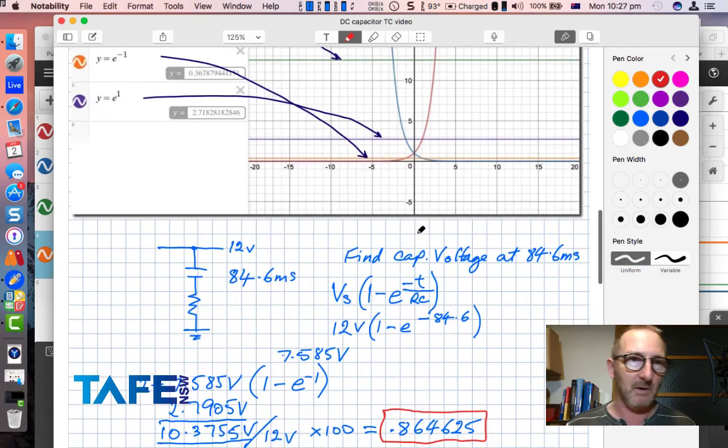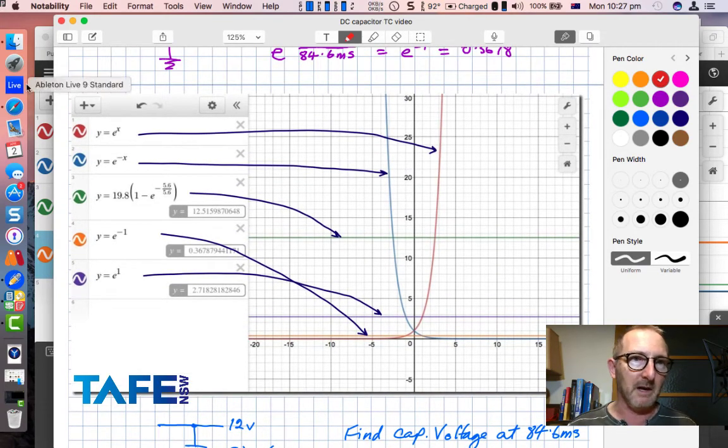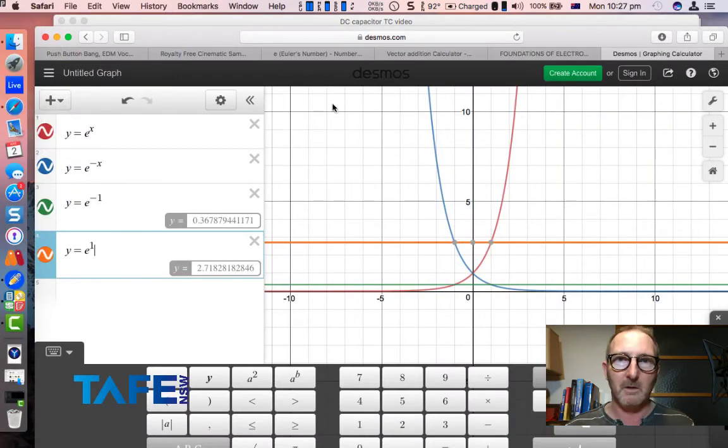Okay. Now, I talked about this other software before, and I'll bring that up. Here it is here, Desmos.com. And this is quite interesting software. I've plotted y equals e to the x, which was the red graph here, y equals e to the minus x, which is the blue graph, y equals e to the minus 1 to give us that 0.3678 volts down here, and y equals e to the 1 to give us 2.718.